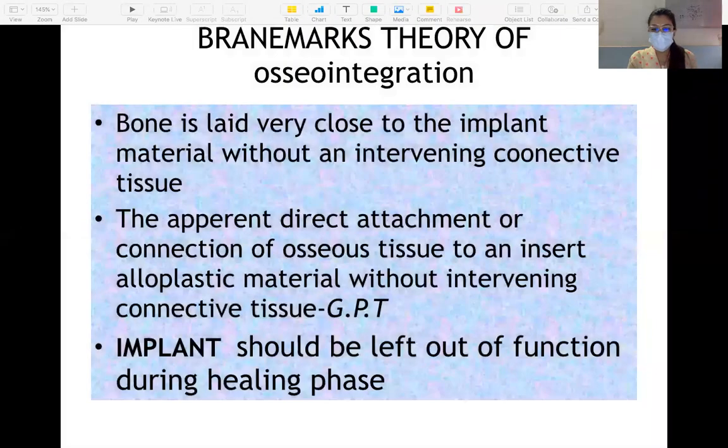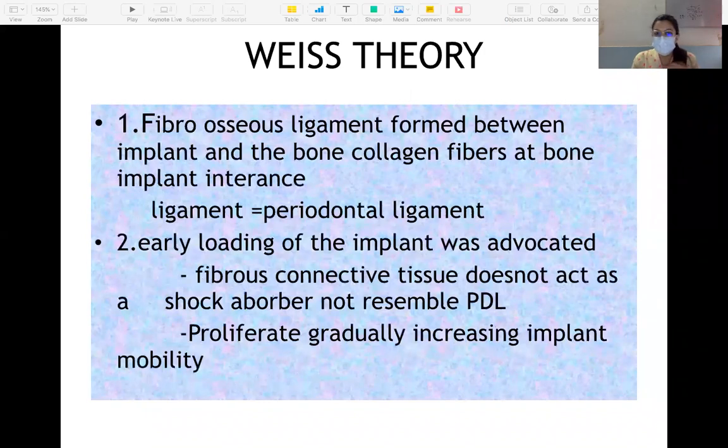So discussing the attachment mechanics of implants, osseointegration is bone and implant integration. That is, bone is laid very close to the implant material without any intervention of connective tissue. Okay, and this is known as osseointegration. The bone implant connection is basically known as osseointegration.